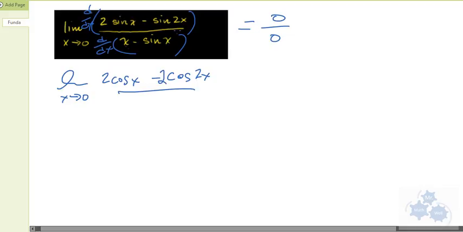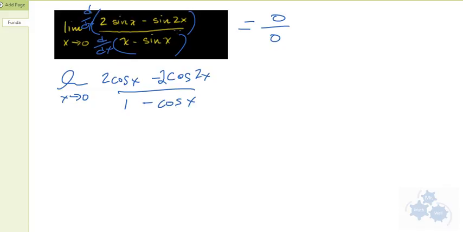Okay, very good. On the bottom, what's the derivative of x? 1. What's the derivative of negative sine x? That would be negative cos x. True? The derivative of sine is cos. All right. So if we do that, what does that mean? That means we just plug in 0, and then life is rosy, right? So let's just do it.